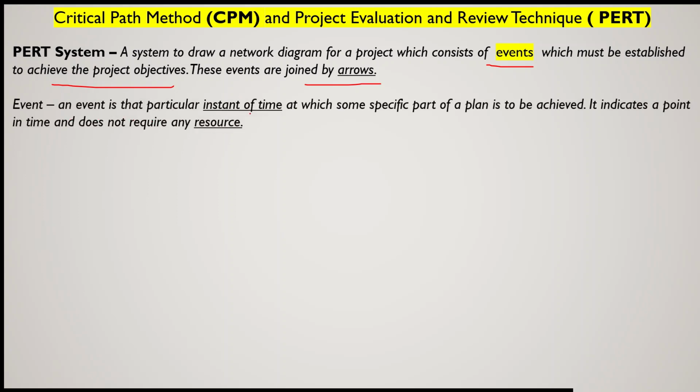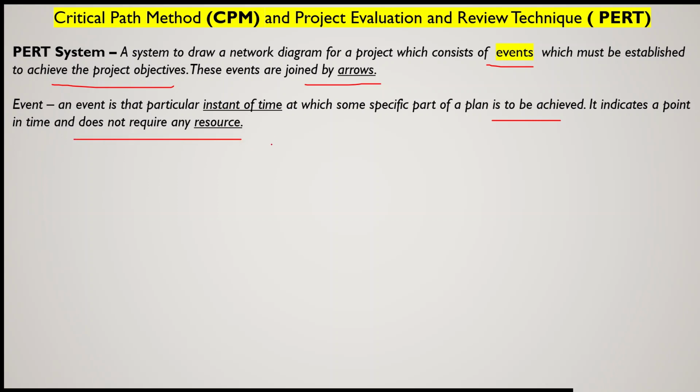An event is that particular instant of time. Now it is not an activity, it is different from an activity. It is that particular instant of time at which some specific part of a plan is to be achieved. It indicates a point in time and does not require any resources.